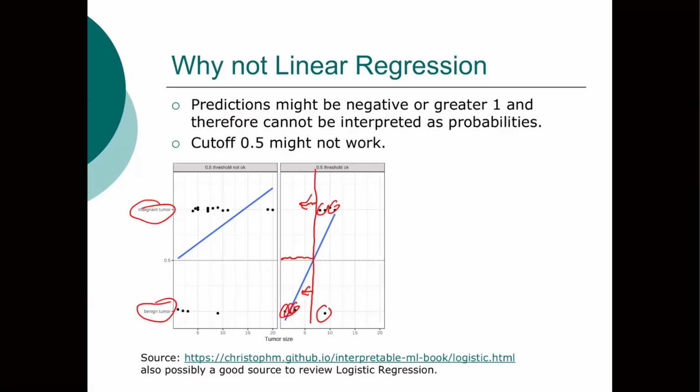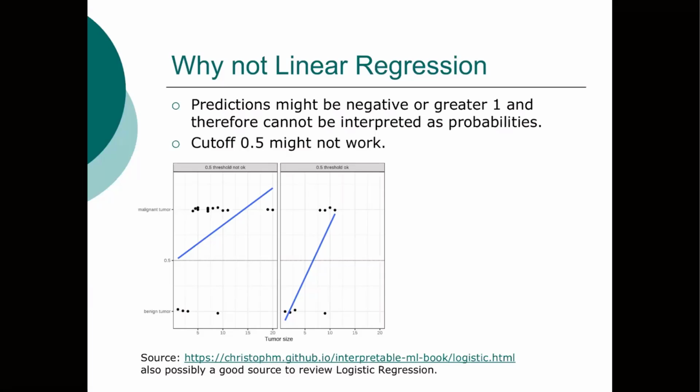But what if we have an example like on the left side? Our blue line is here. And you would say, well, so what? It's a little bit higher. Where's the difference? Well, everything that is above the 0.5 line will be considered as malignant, and everything that is below will be considered as benign.